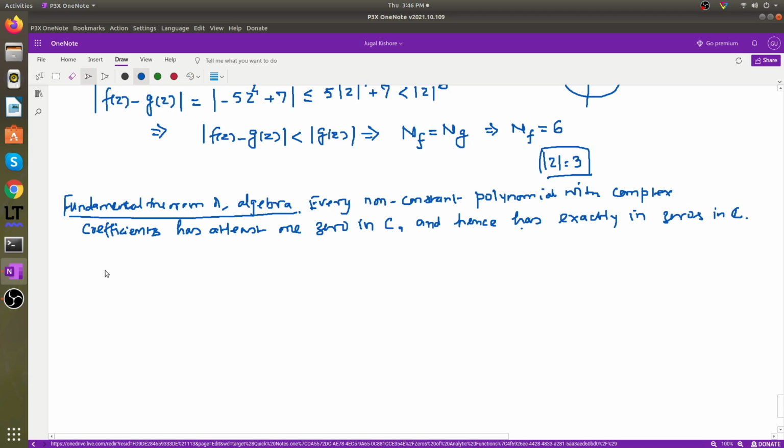Now, we are trying to give its proof by using Rouche's theorem.